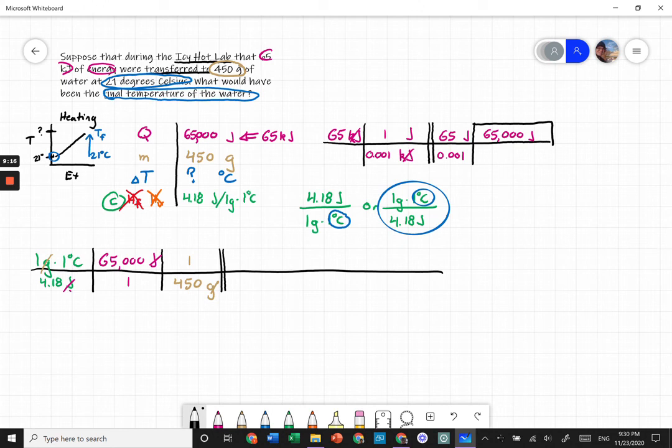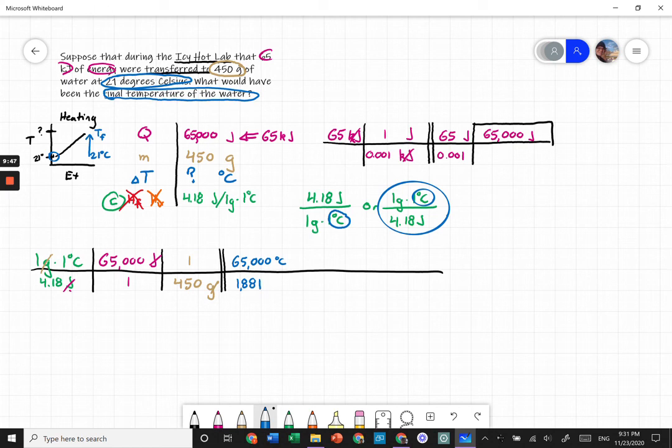What I'm going to do is multiply everything up on the top now. 1 times 1 degree Celsius times 65,000 times 1. That's going to be 65,000 degrees Celsius. And then on the bottom, I'm going to multiply everything down on the bottom. Our 4.18, no units, times 1, no units, times 450. Once again, no units. That gives us 1,881 on the bottom.